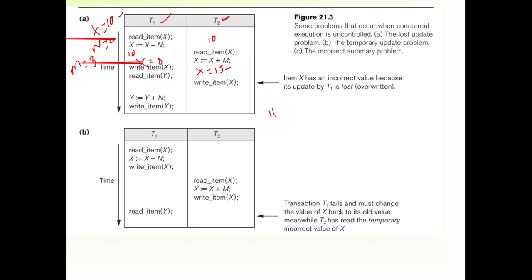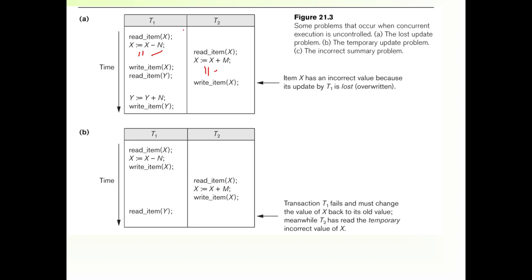In the same way, if I first do T1, giving 8, and next execute 8 plus 3, then you also get 11. So if the modified value is reflected, then in both transactions I'll get the X value as 11 only.